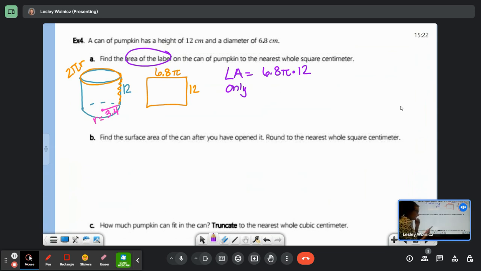I'm getting 256.35. Is that what you guys got? It did say whole centimeter, right? 256 centimeters squared.